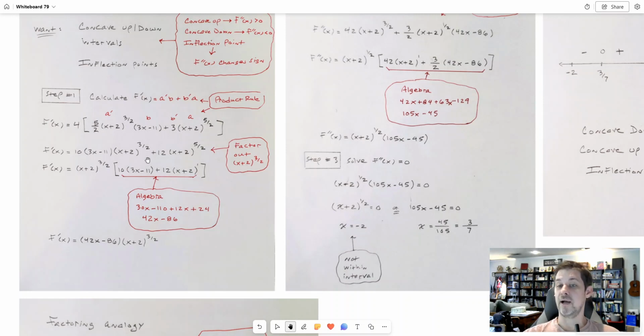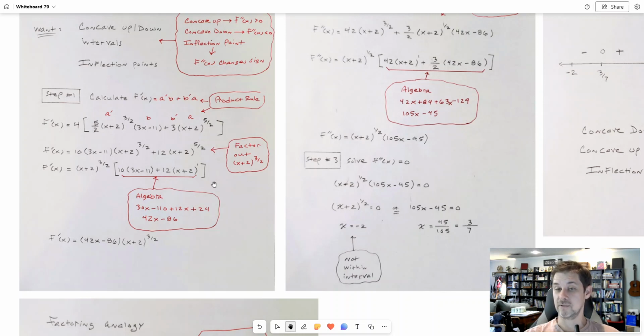Now, if I do that, I get something where I can just distribute this 10 and distribute the 12, and I'll get like terms, and I'll add them together, and I get something way simpler than what I would have had if I didn't factor this out. Okay? All right, so sometimes doing math does take some insight like that. I can't list a procedure, step 1, 2, 3, 4, where you just know that automatically.